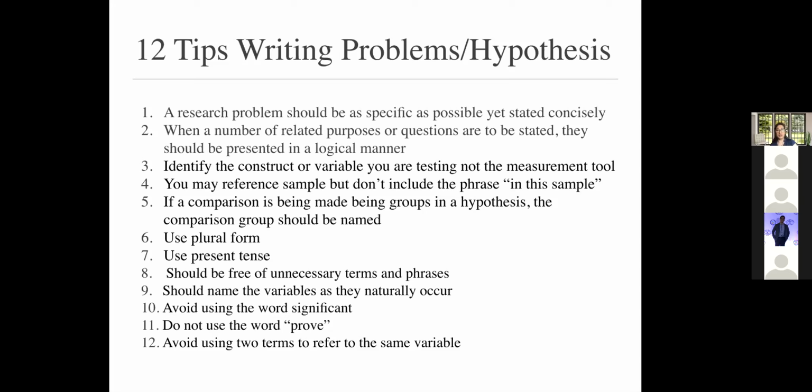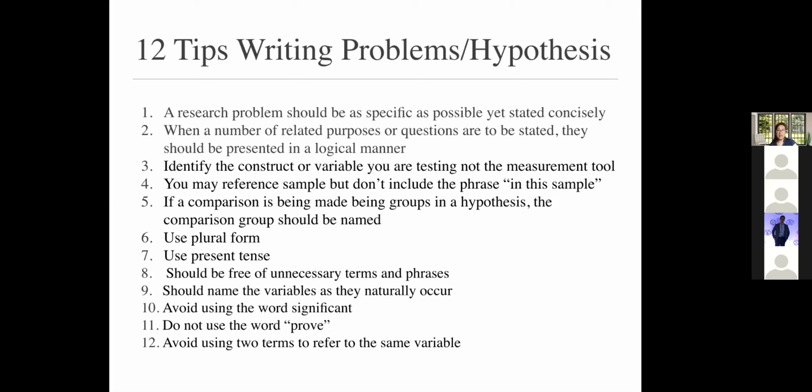So we don't cite the variable name nor the measurement tool in the research problem. So you may reference your sample. You might say, for example, what is the state of satisfaction of Filipinos, right? But don't include the phrase in this sample, right? Because the purpose of sampling is to generalize to a larger population, okay?